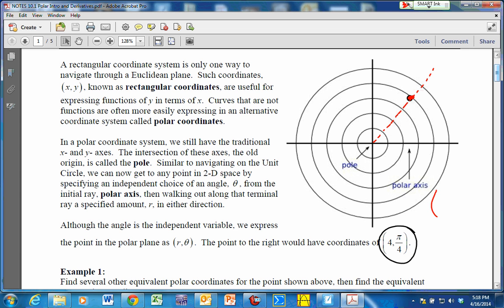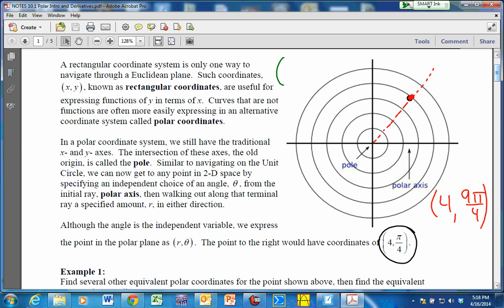For example, what if I said 4 and 9 pi over 4? Well, 9 pi over 4 would mean start at 0, go all the way around 2 pi, and go up another pi over 4, and you land exactly right where we are. So anything that counts that direction will work.